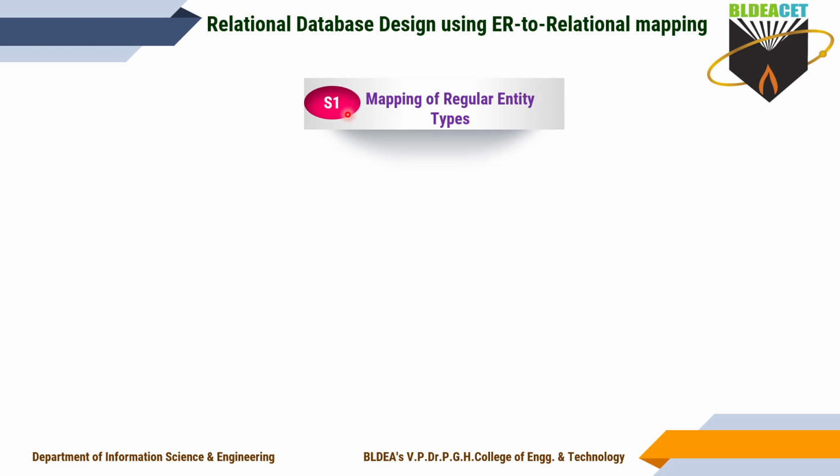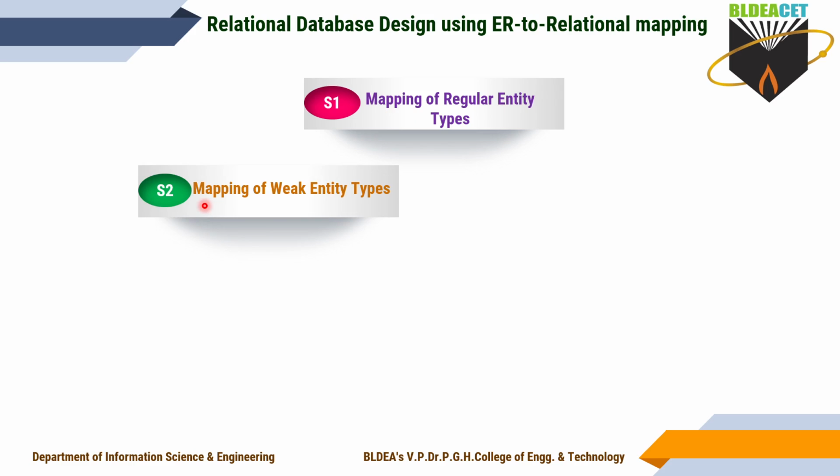First, you have 7 steps in this mapping. The first one is step 1, mapping of regular entity types. In the conceptual data model you are using the term entity types, and how you map these regular entity types to the relational data model comes under step 1.